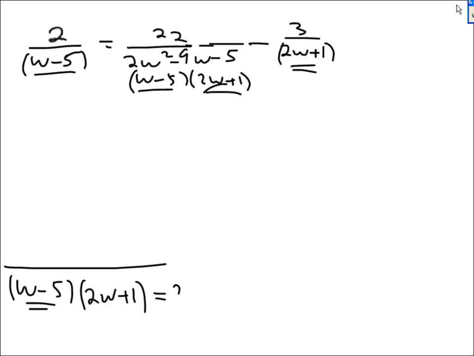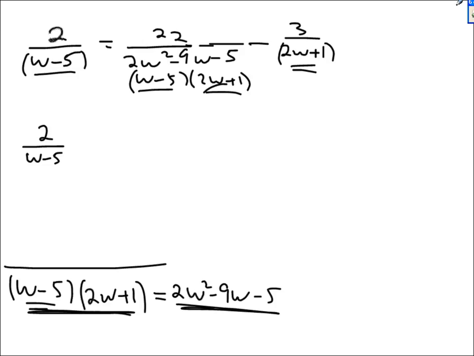Keep in mind that this is 2w squared minus 9w minus 5. So I take each of the fractions, and I denote that I'm multiplying it by what's in the bottom corner. Either I'm going to write this, or I'm going to write that. They are equal. In this case, I'm going to write it down as w minus 5 times 2w plus 1. That way, I can easily see that canceling.